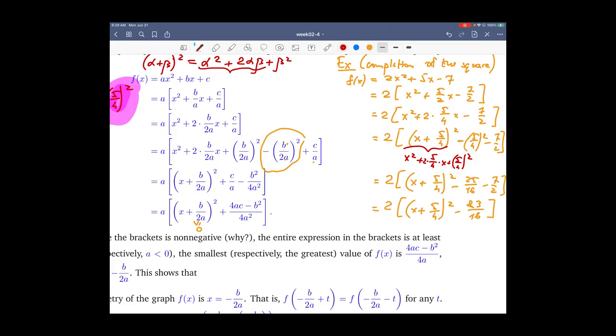Right, the same here, this is always non-negative. So that gives us, in our example, an estimate of the lower bound of this function. This expression is at least twice negative 83 over 16 plus 0.